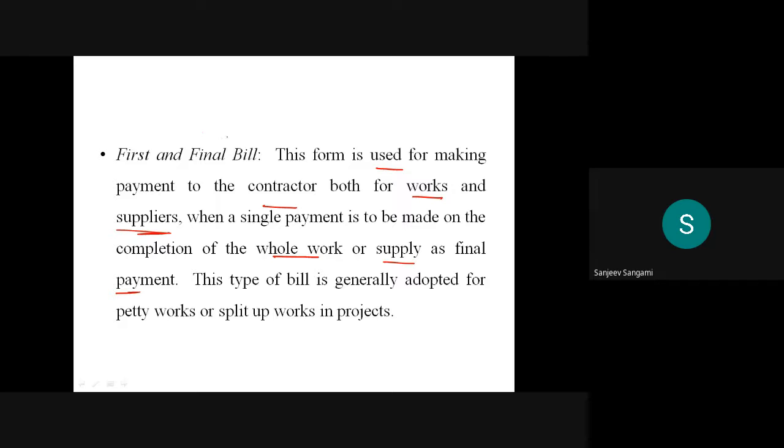So this will be given both for the work and to those who supply the materials. Directly it will be given to the suppliers, and some part will be given to the contractors also. Normally this is for a single bill.